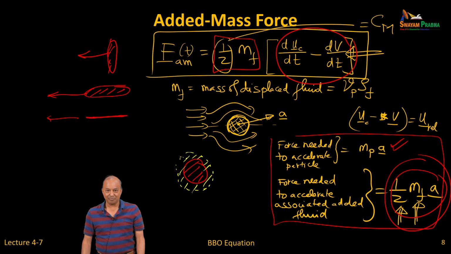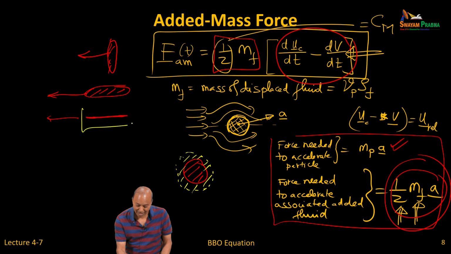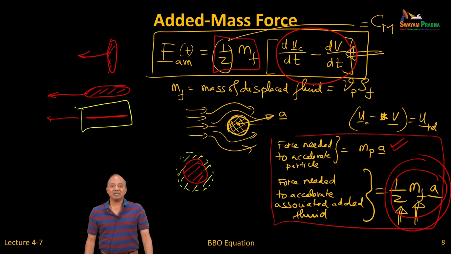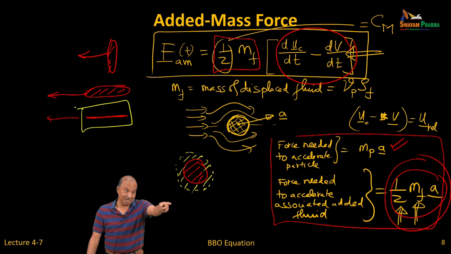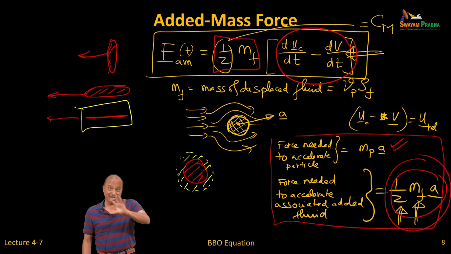For this plate, the amount of fluid that sticks to it is 0, because of no penetration. Like the point he was trying to make, the viscosity will create some added effect, but you cannot call it added mass for the viscosity. We will get to it in the next slide.